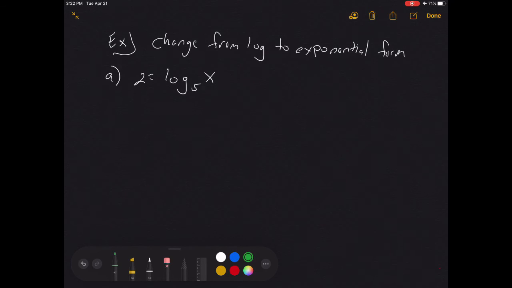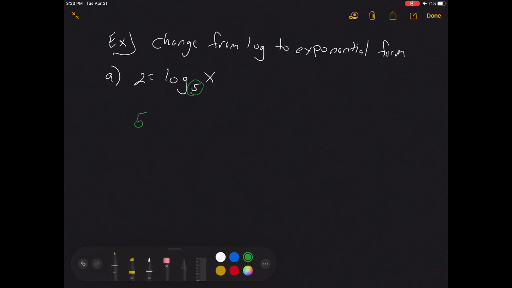Okay, so if I'm going to change this into an exponential, I need some kind of a variable to equal my exponential. Well, the base of the log is 5. That's how you read it. This is log of x base 5. The base of the log is exactly the same thing as the base of the exponential. So 5 is the base of my exponential.